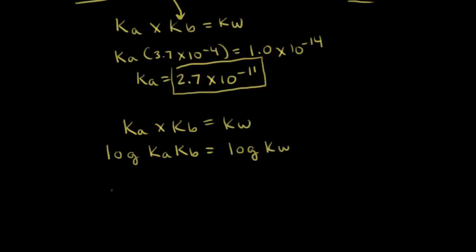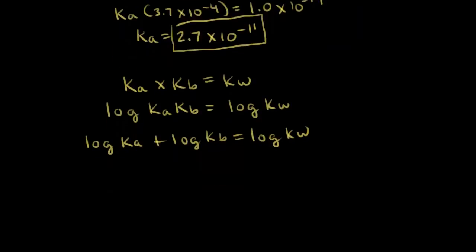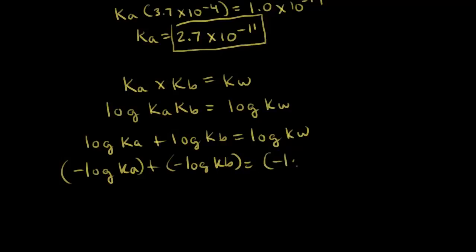And the log of Ka times Kb is the same thing as the log of Ka plus the log of Kb equal to the log of Kw. If we take the negative of everything, right, let's go ahead and do that. So the negative of everything, negative log of Ka, I'll put that in parentheses, plus the negative log of Kb is equal to the negative log of Kw.